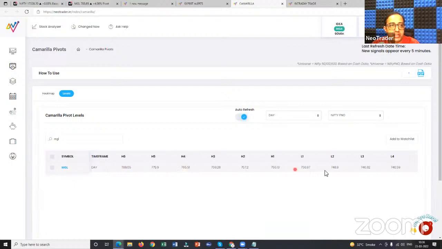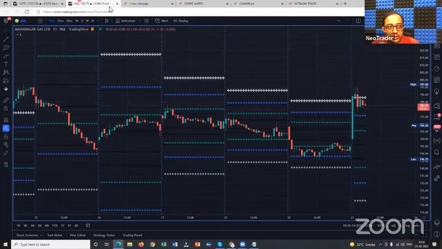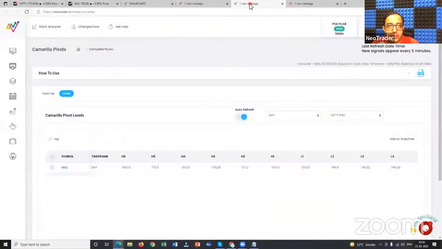So all the levels are available, and you know that yes, these are the levels to watch out for, and you can place your target accordingly. Now, if you see, MGL target has been met. So essentially, you will have to either book your position or trail your stop loss. That's the way you got to deal with MGL.